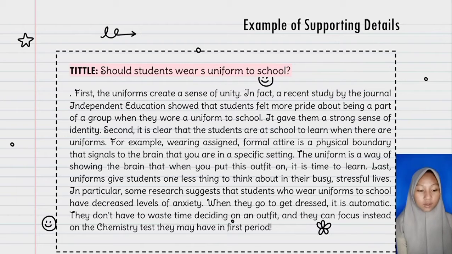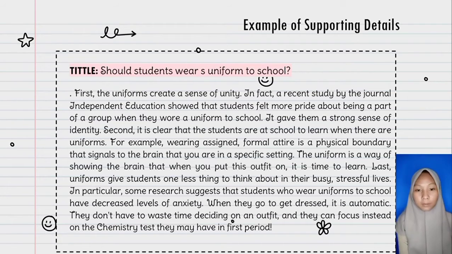Second, it is clear that the students are at school to learn when there are uniforms. For example, wearing formal attire is a physical boundary that signals to the brain that you are in a specific setting. The uniform is a way of showing the brain that when you put this outfit on, it is time to learn.